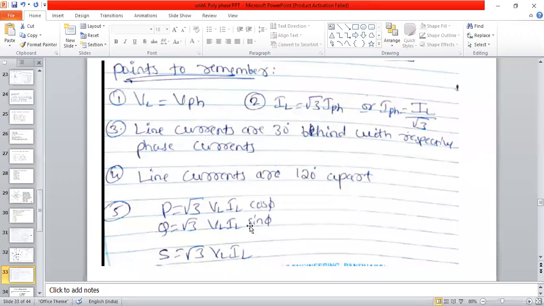So what is the power equation for the single phase circuit? Single phase AC circuit, what is the power equation? The AC fundamentals you have studied.